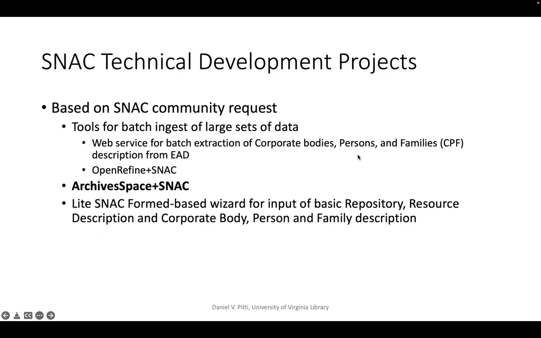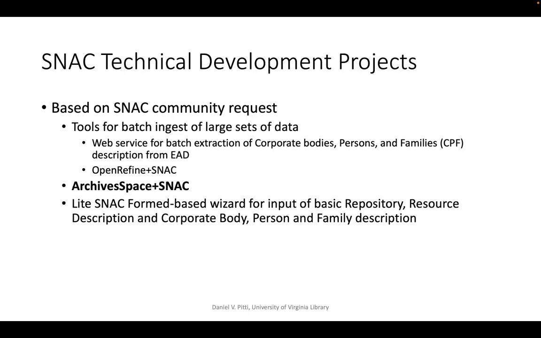So now, just a bit of context for the overall work going on within SNAC, which is based on SNAC community requests. We're developing tools for batch ingest of large sets of data. This has two pieces to it.